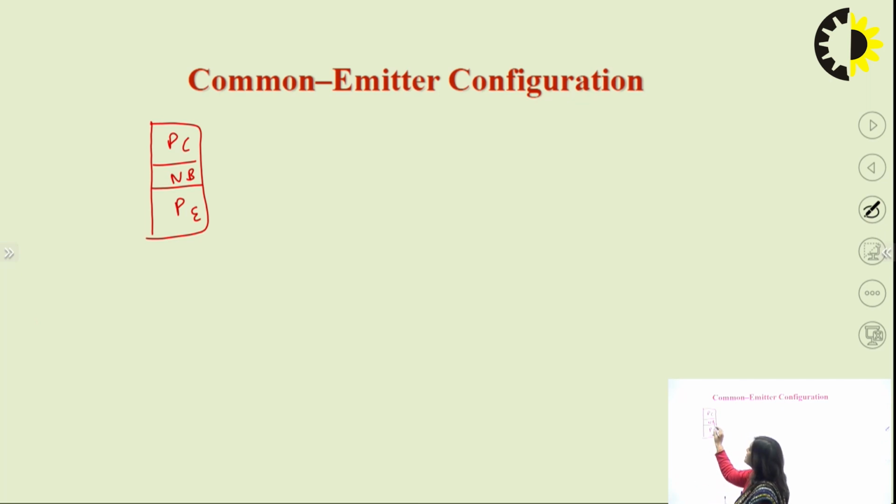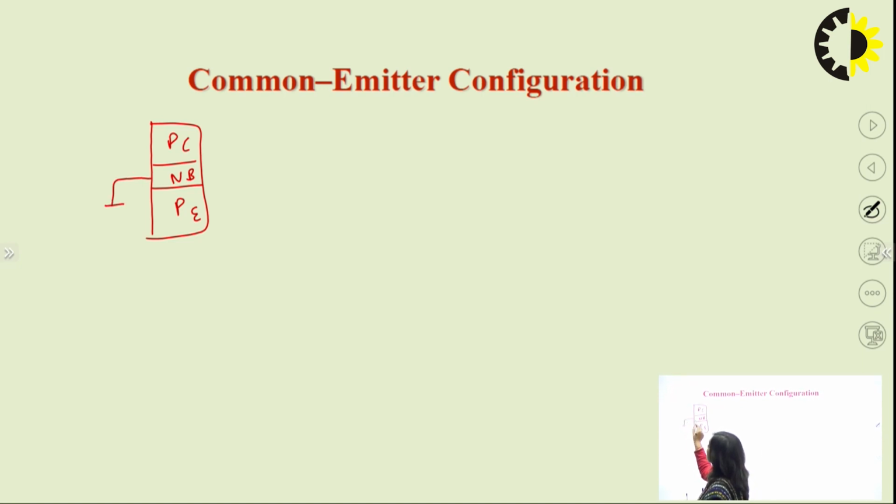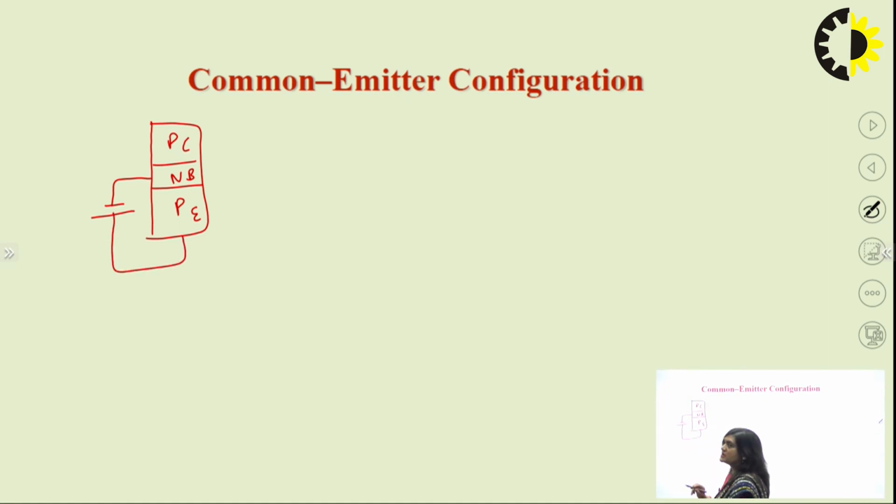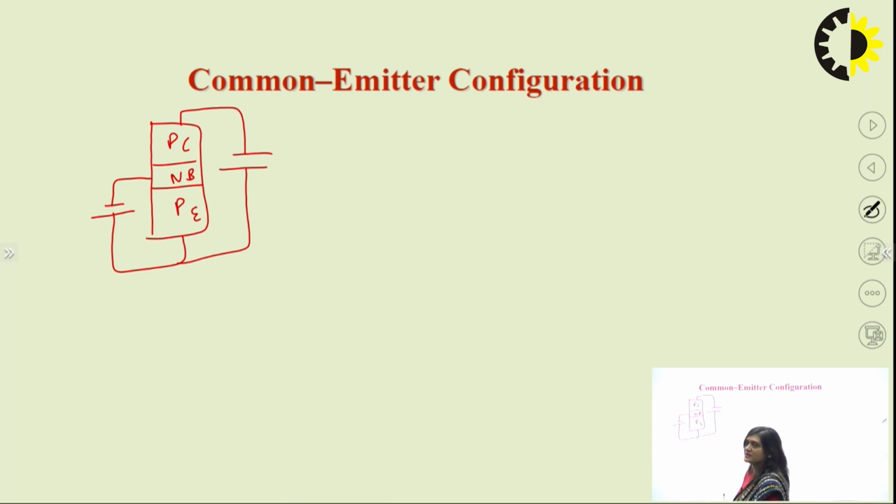We take the base as the input side and connect it in forward bias. So N will be connected with the negative side and the positive side will be connected with the P type, and the collector and emitter will be kept in reverse bias. So this will be negative and this will be positive. This will be the connection in the common emitter configuration.